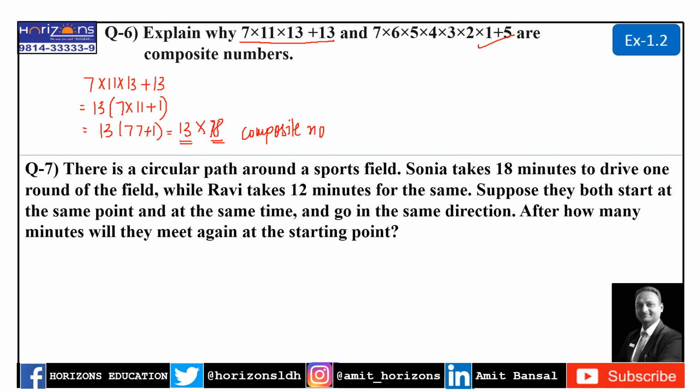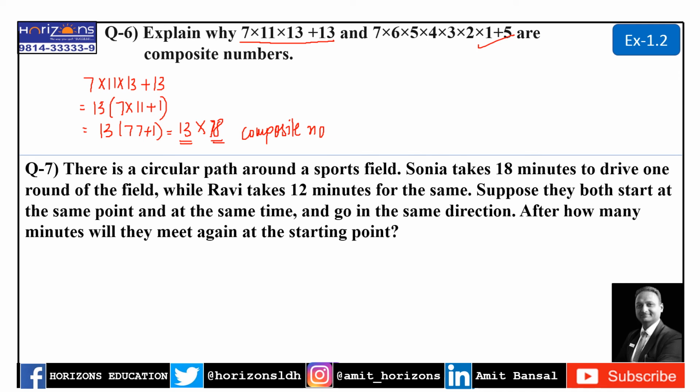So last question of this exercise is, there is a circular path around a sports field. Sonia takes 18 minutes to drive one round of the field, while Ravi takes 12 minutes for the same. Suppose they both start at the same point and at the same time and go in the same direction. After how many minutes will they meet again at the starting point?